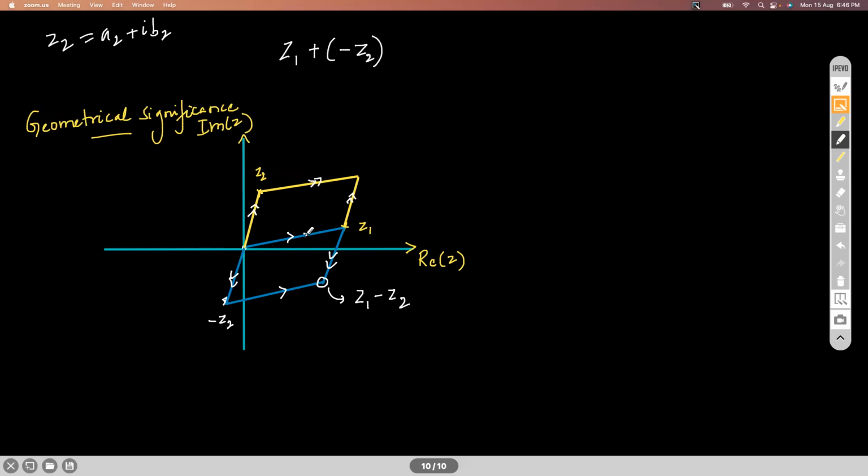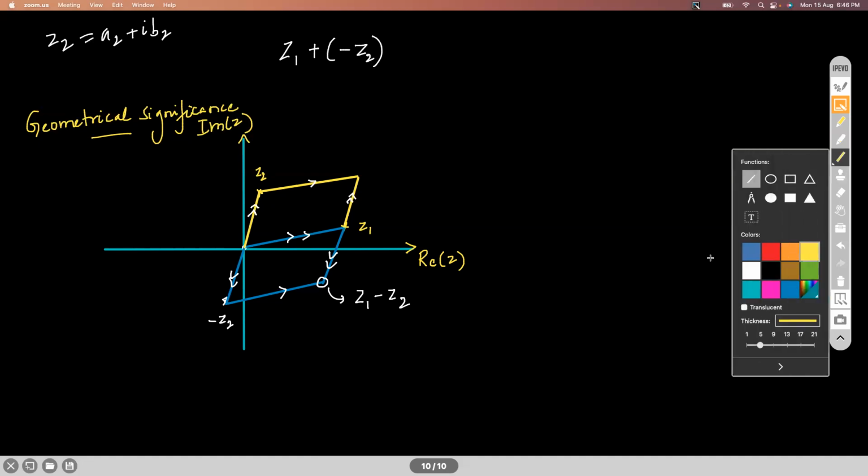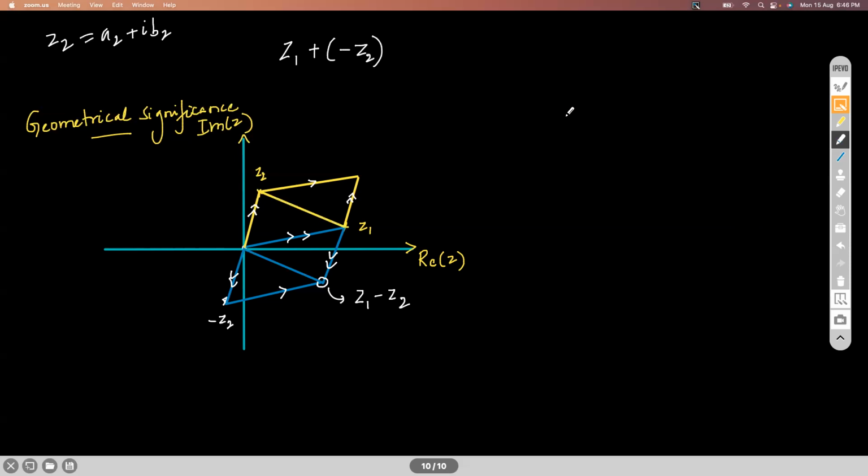Okay. Now tell me, this length, the one which I'm showing in yellow, and this length, the one which I'm showing in blue, are they equal?